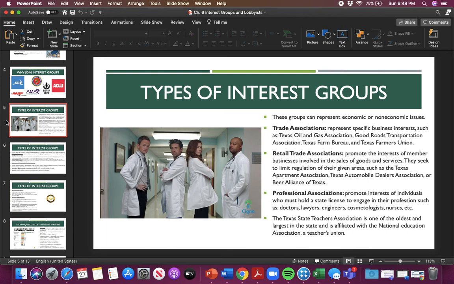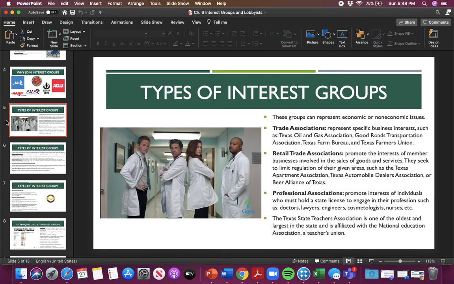So first, we'll look at some of the professional or the private organizations. There's a few kind of associations that represent different things. The trade association and the professional association. These are groups that represent the interest of specific businesses and specific professions that people practice.